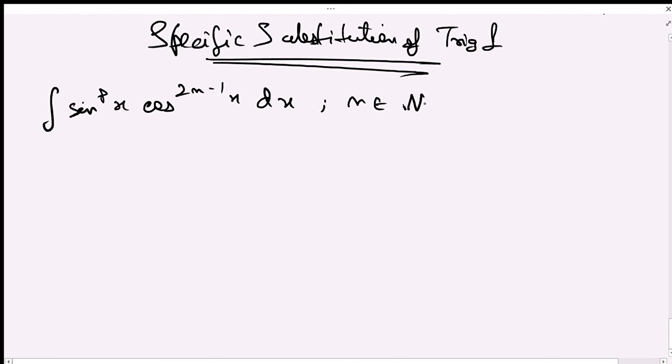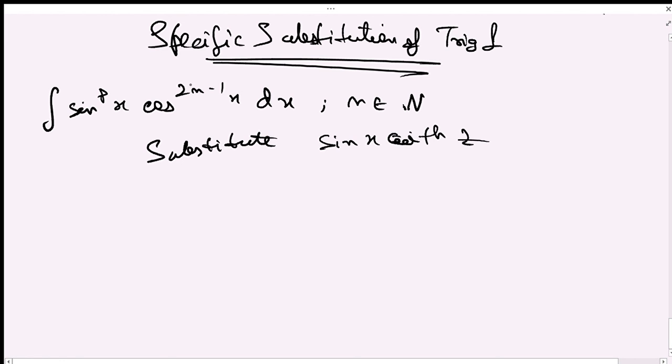That is basically, you have the power of cos as an odd number. The power of cos is an odd number. So what you will be doing here is that you will be substituting sin x with z. Okay. So you will be here substituting sin x with z.